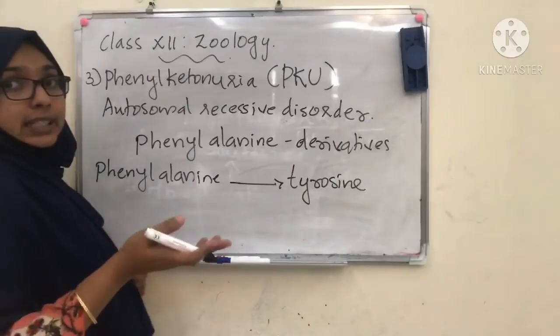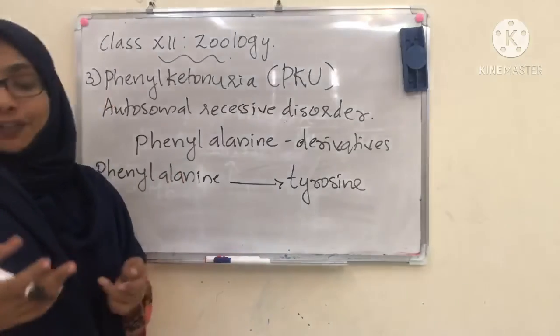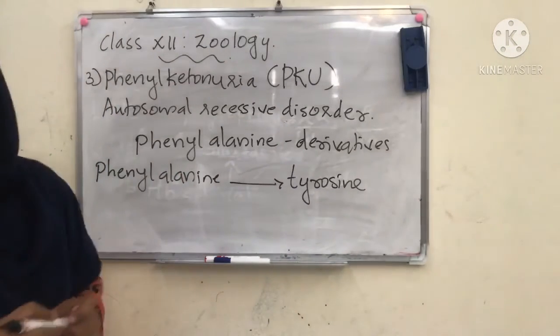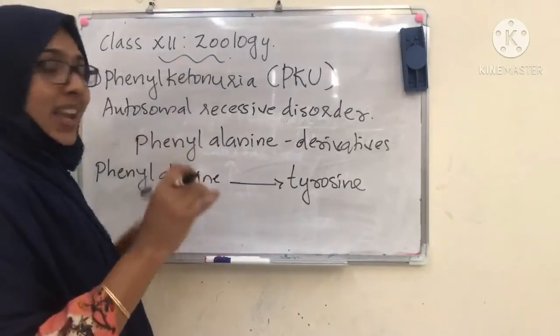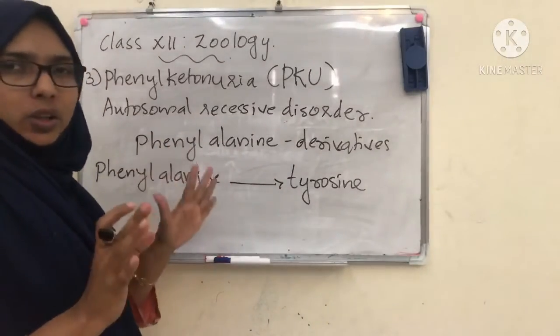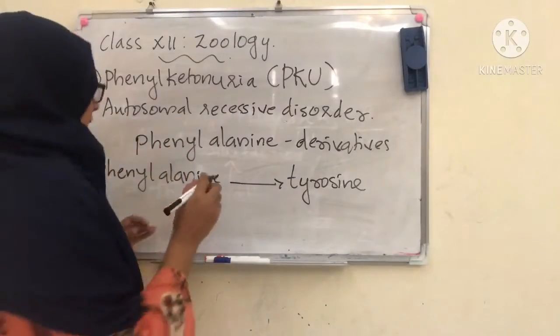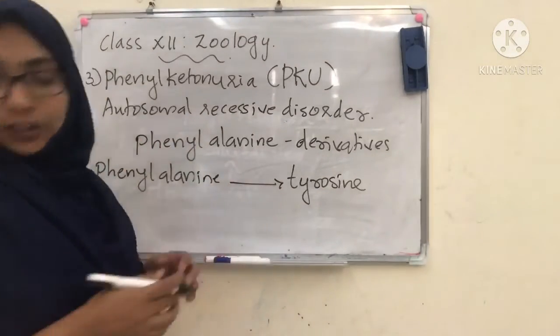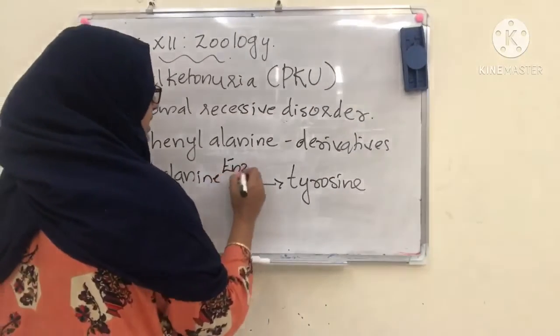In your textbook, that enzyme name is not given, but if you want, I am telling it is phenylalanine hydroxylase. No need, I just told the name. Phenylalanine is converted to tyrosine by an enzyme.